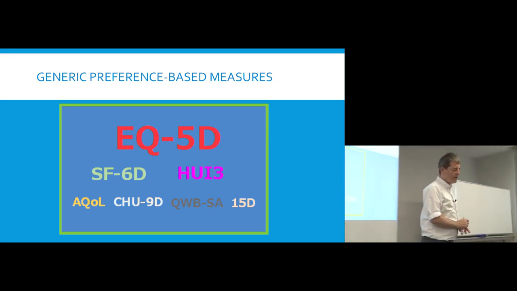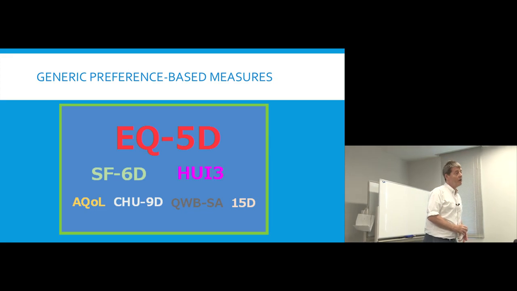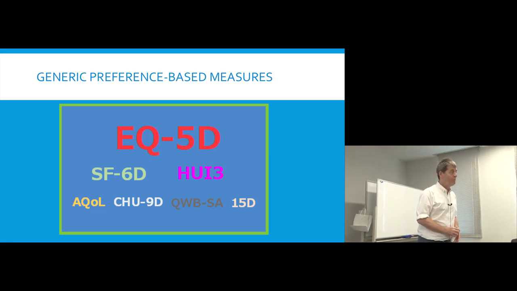And it's the first preference-based generic measure designed for children. It's been designed for children aged 8 years and upwards, although I've been doing some research with it where by changing the technology of collecting data, using animation on a tablet, we've collected data from as young as 4 years old.